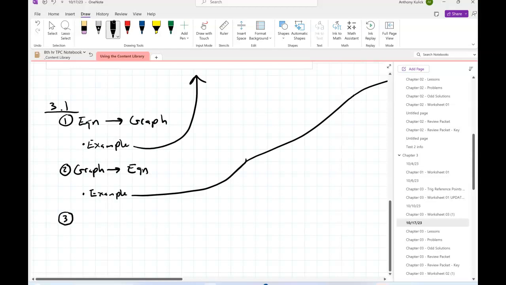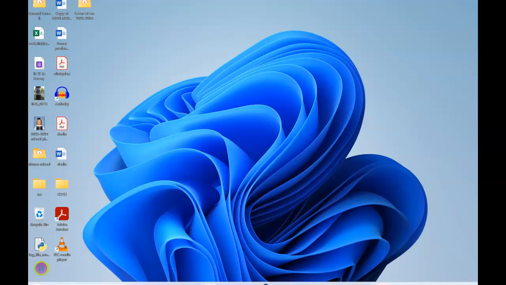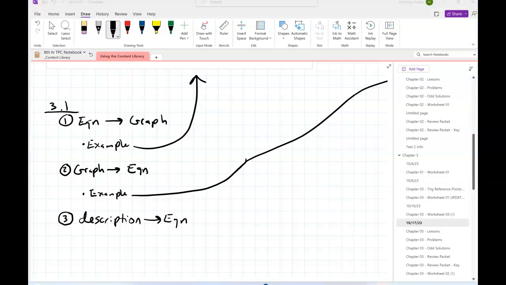What we're going to talk about today is going to go from a description to an equation. So a graph is a lot of information, right? It's basically the most information we could possibly provide for you.